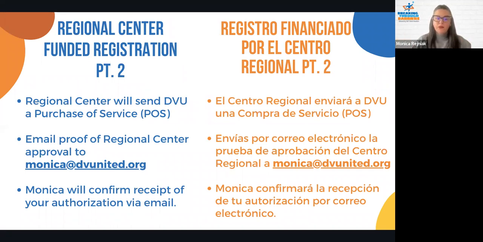So the next step is that the regional center is going to create a purchase of service, which will be sent to DVU. I have my email in here, monica@dvunited.org. I have had service coordinators send them directly to me. They will also mail them, but that tells me that you're funded. So that is the proof that I'm looking for. Once I receive that proof, I will confirm with you, the registrant, via email.